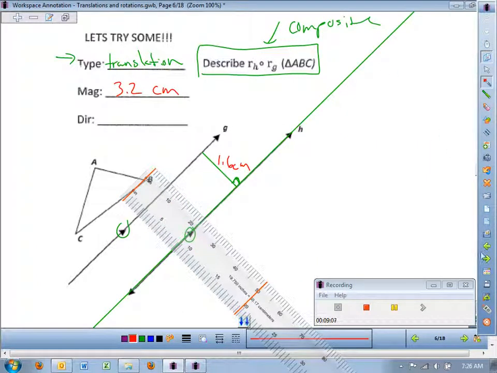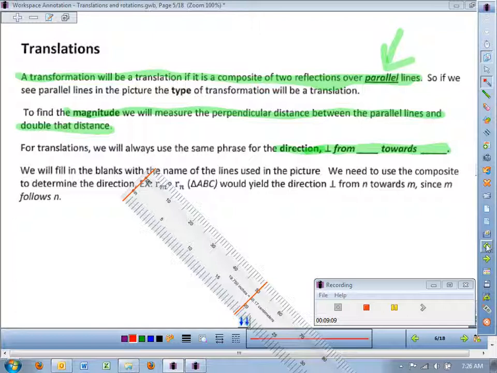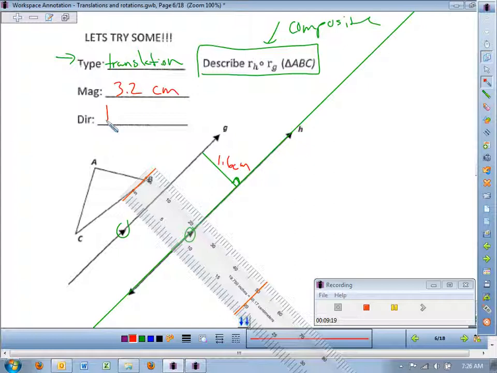Okay? The last thing we've got to do, not necessarily the last, but we're going to fill out the direction. Direction, every single time, is going to be this phrase, perpendicular from blank towards blank. We're going to write that in here, perpendicular from blank towards blank. And now all we have to do is fill in the blanks.